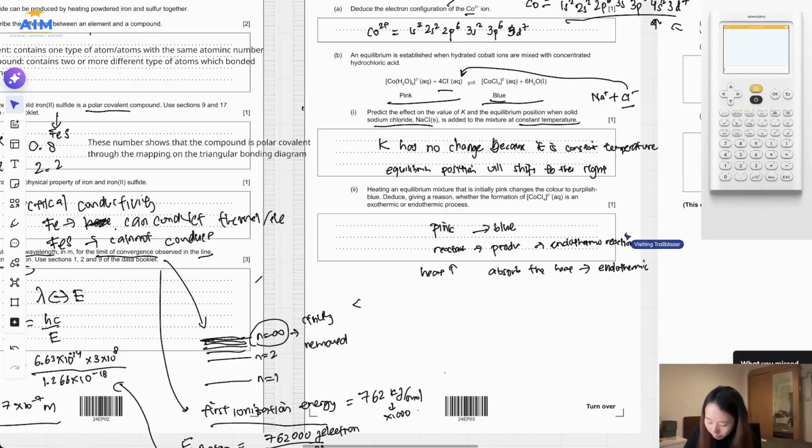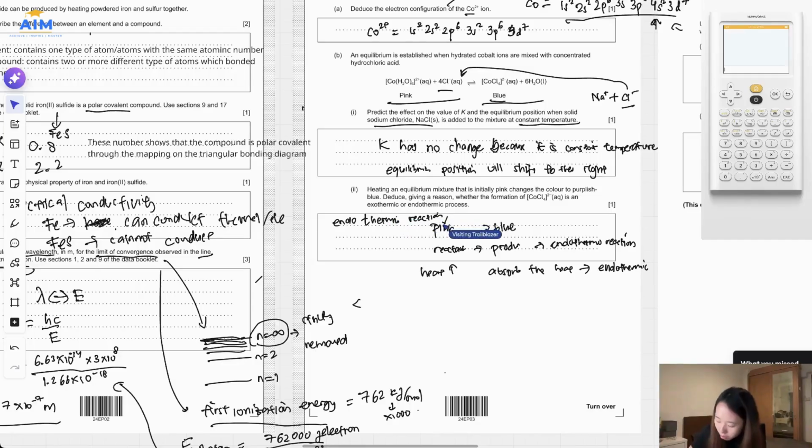So to deduce and give a reason whether the formation of this CoCl4 2- is exothermic or endothermic, you should say that it is an endothermic reaction.